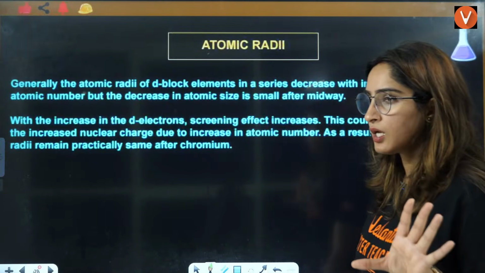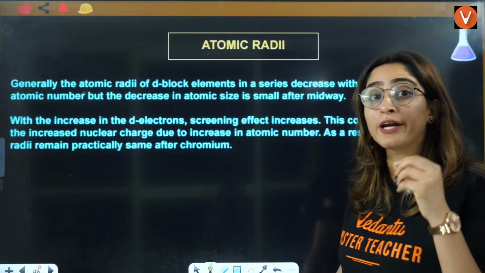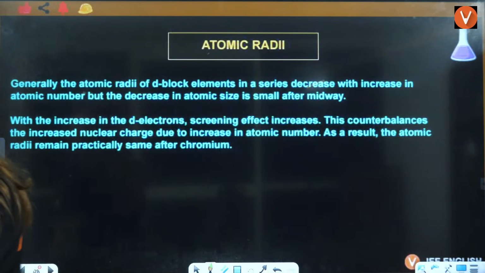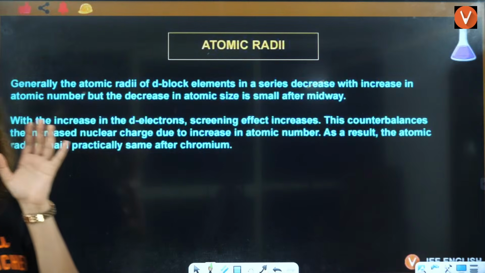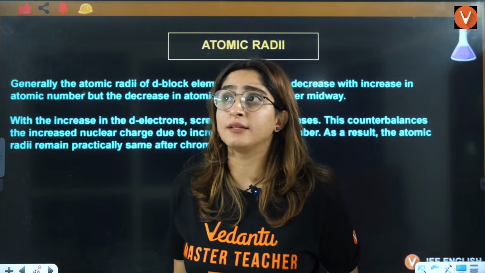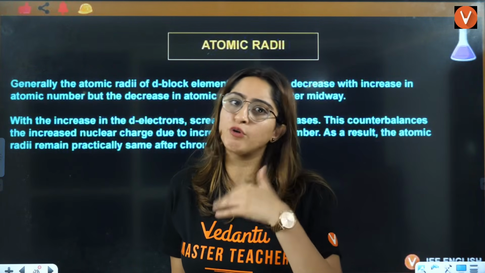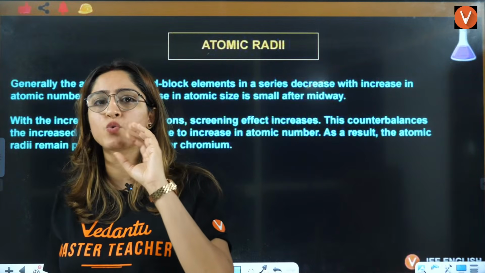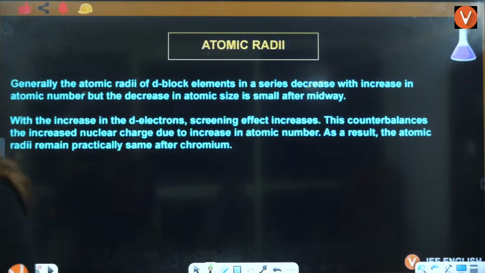Now let's talk about atomic radii and ionization enthalpy. After these two things, the class will end. Oxidation number, standard electrode potential, and then other properties we'll do in the next class. Atomic radius and ionization enthalpy are quite easy, but very important for you to remember. Yes, absolutely right.